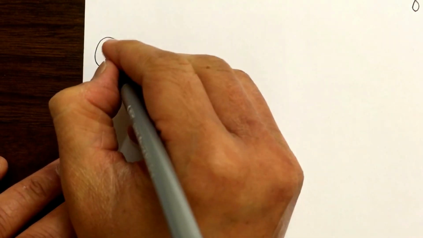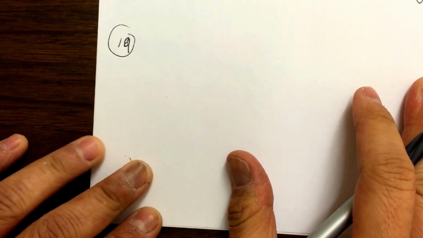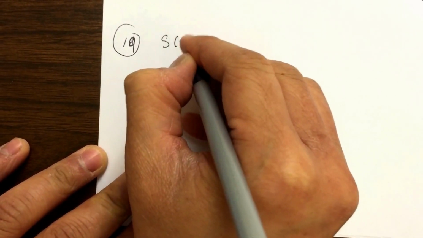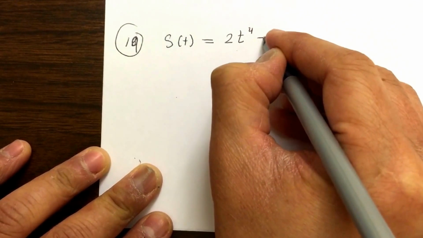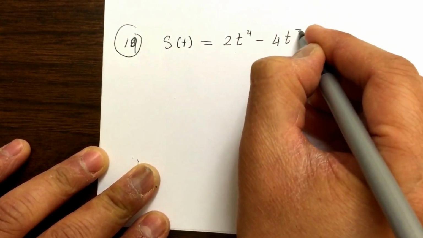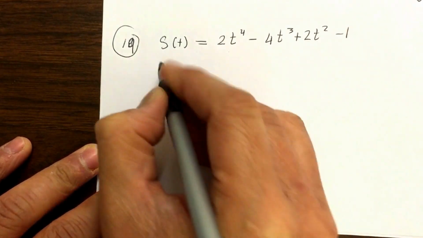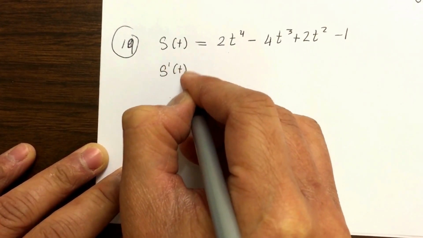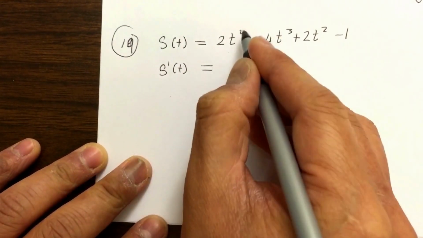Number 19. The particle is moving to the right when, so we have this position function. And to analyze its movement, we need to look at its velocity, which is the first derivative.